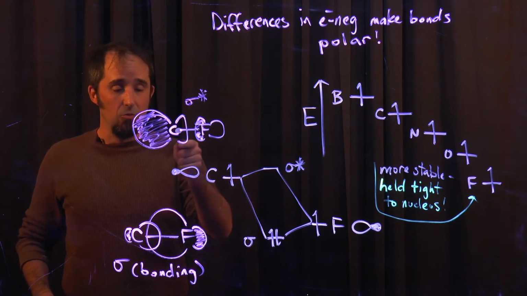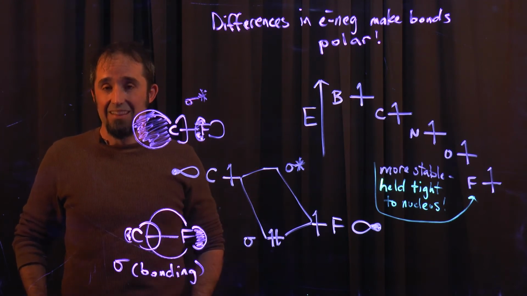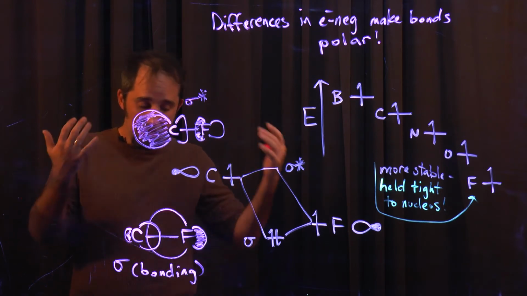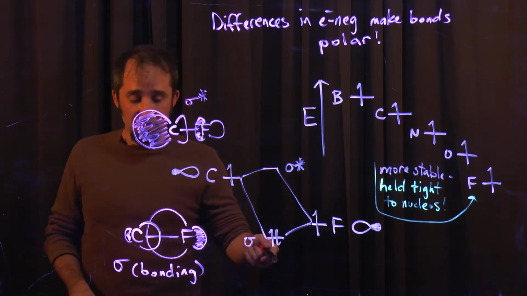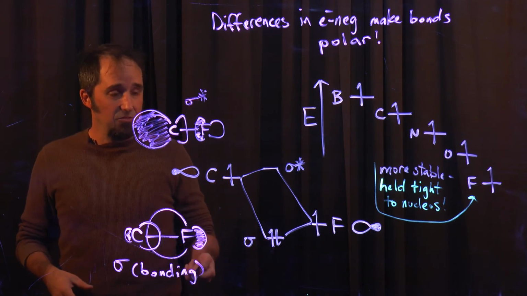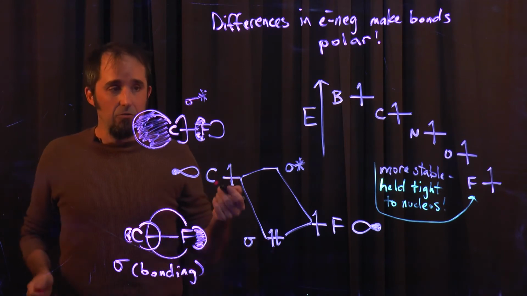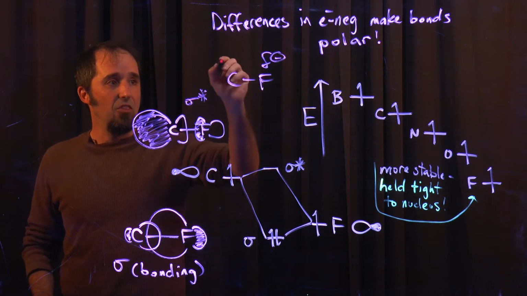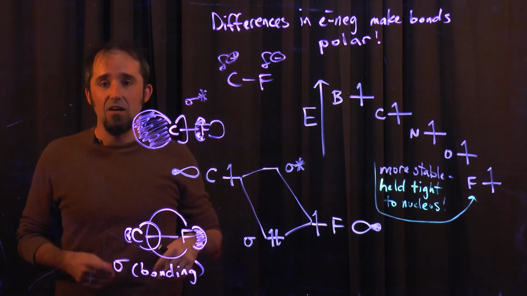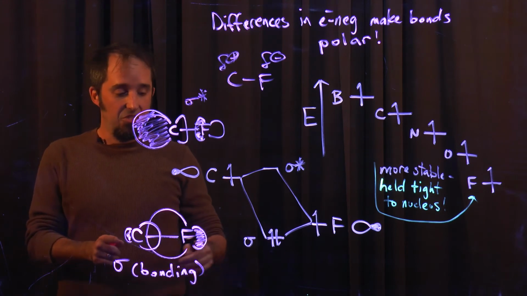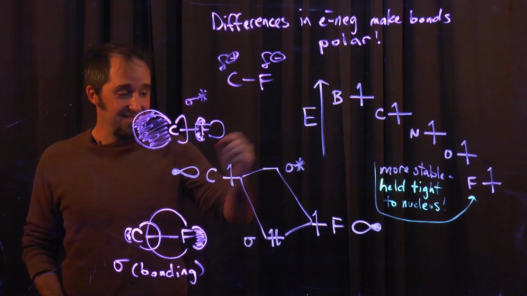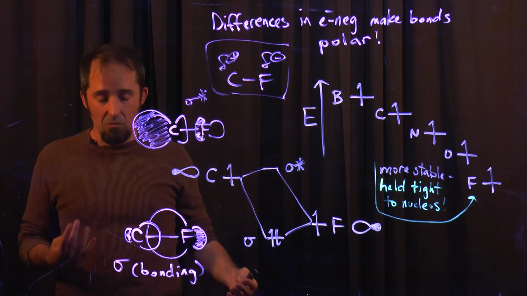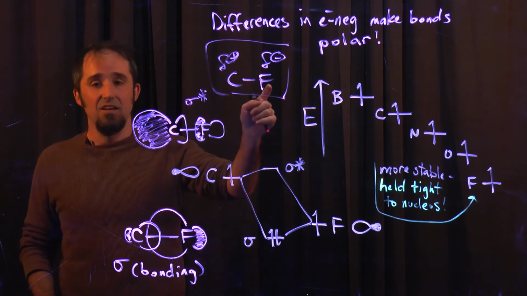And the sigma star orbital will put most of it on the less electronegative atom. What does this mean? It means that these electrons are, for the most part, on fluorine. And we knew that, right? When we draw carbon-fluorine bonds, we're used to thinking about those electrons being shared unequally. So this is the fancy way to communicate this, that most of the electron charge is on fluorine and not carbon.